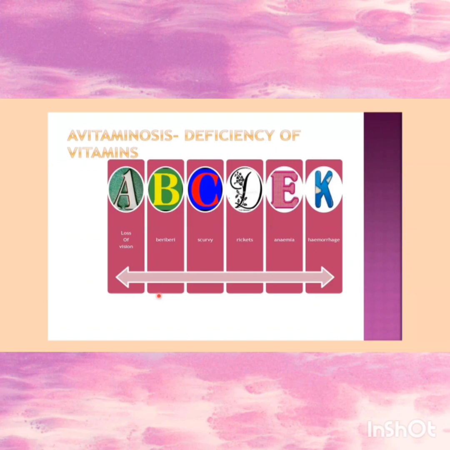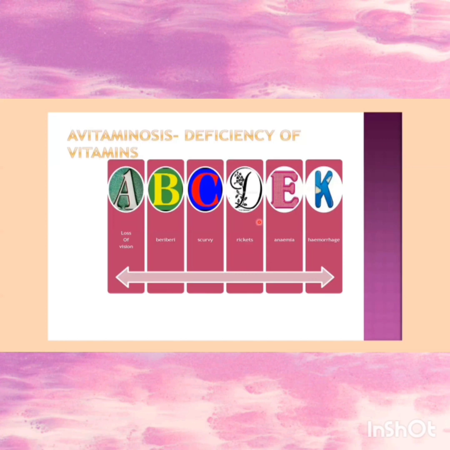Poor vision, loss of vision in darkness or night, sometimes complete loss of vision. Next, vitamin B, beriberi, weak muscles and very little energy to work. Scurvy, deficiency of vitamin C. Bleeding gums, and wounds would take a longer time to heal.